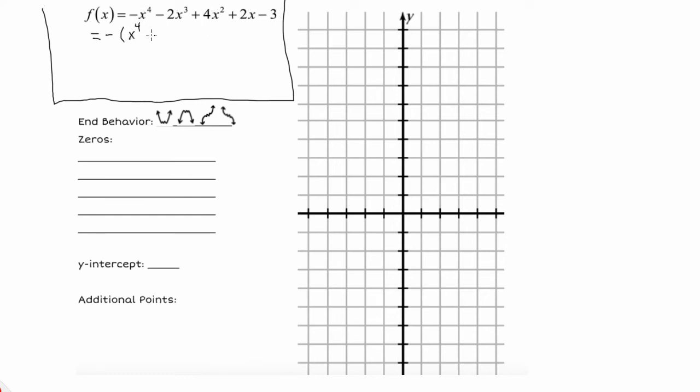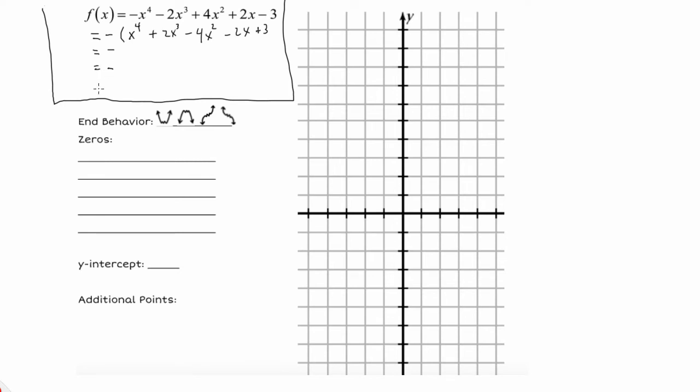So I have a positive x to the fourth plus 2x cubed minus 4x squared minus 2x plus 3. Let's just make sure everything changed. Negative the plus, plus the minus, negative the plus, -2 plus. Okay, that one looks okay. And then that negative sign is going to stick with us the whole way down.